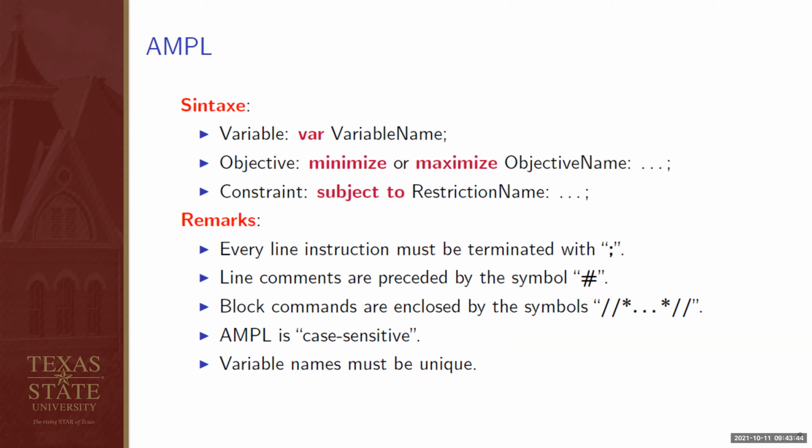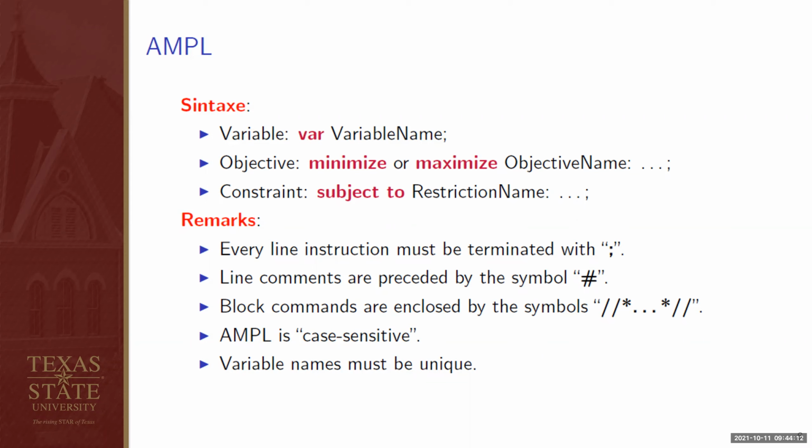For maximization, you use maximize. And then you have to provide a name for your objective function. So if you're looking at cost, you can call this the objective function cost, and then you're going to minimize cost. If you want to call it something else like objective function, you're going to minimize objective function. But you have to provide a name because the software will refer to the objective function based on the name that you provide.